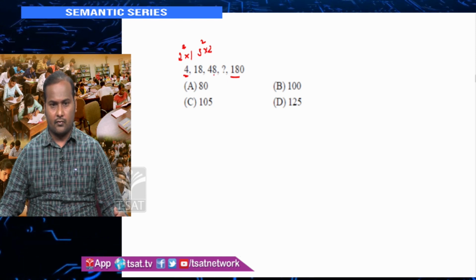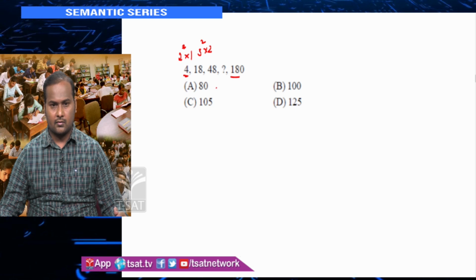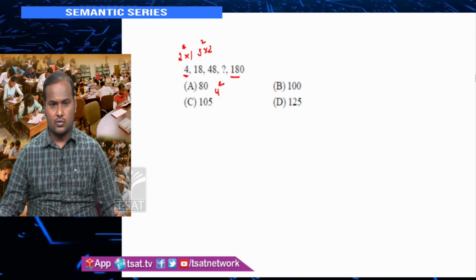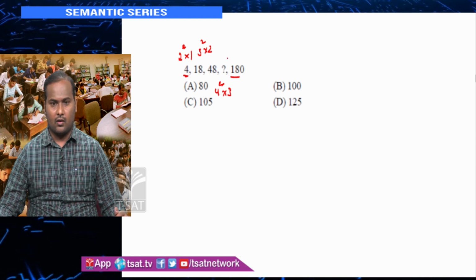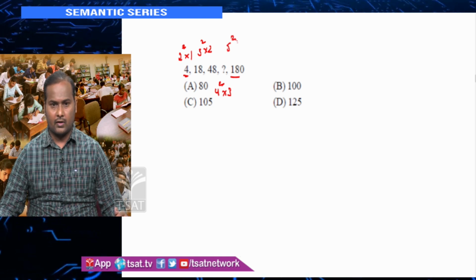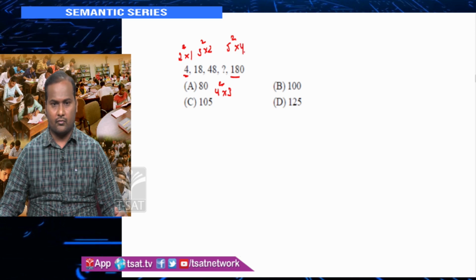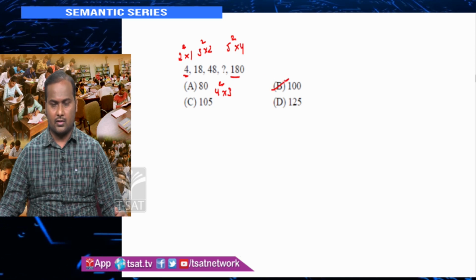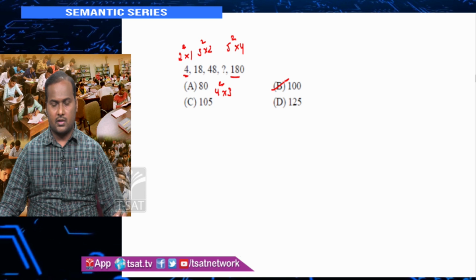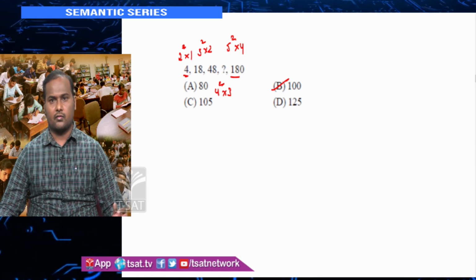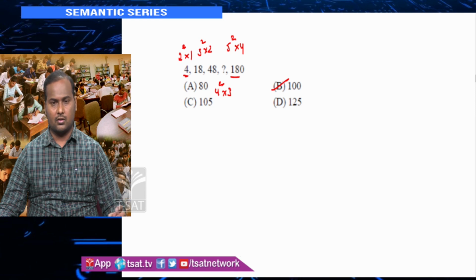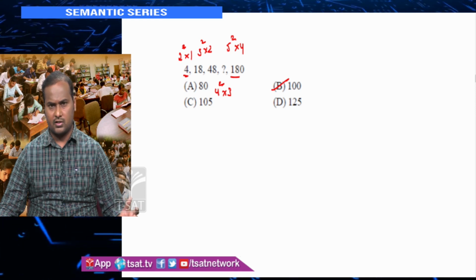The moment you see 48, 48 is 4 square multiplied by 3, that is 16 into 3. Obviously the answer will be 5 square multiplied by 4, that is 100. So in this case you need to identify the sequence, how it is increasing. Whenever a huge jump is involved, some kind of multiplication is involved.